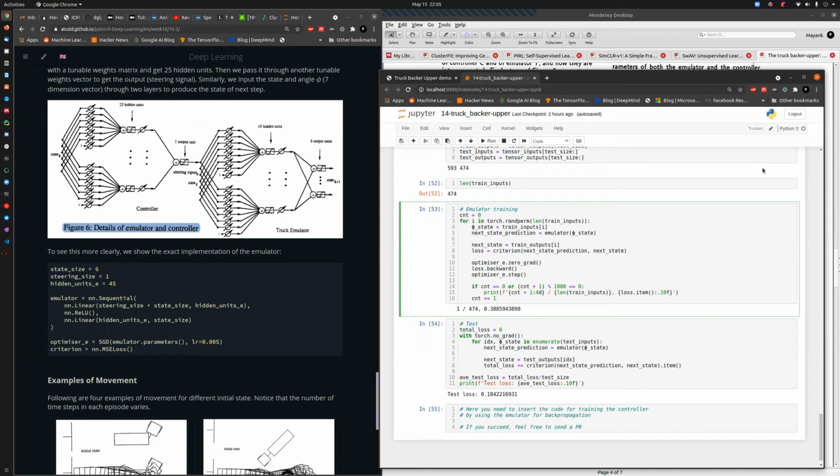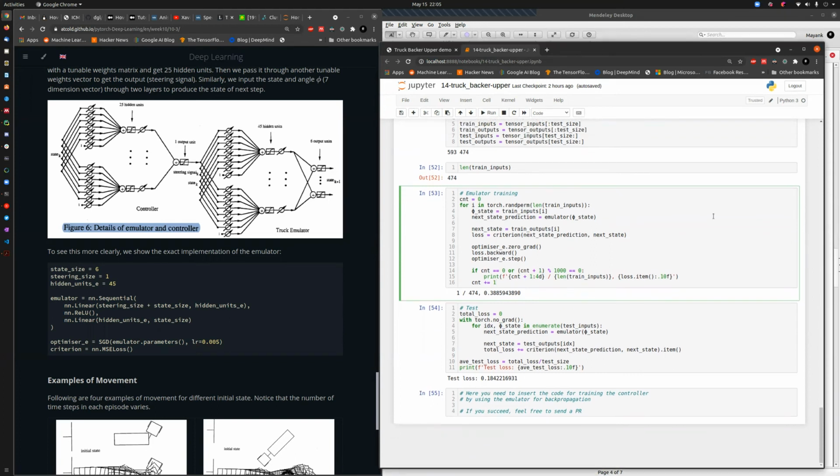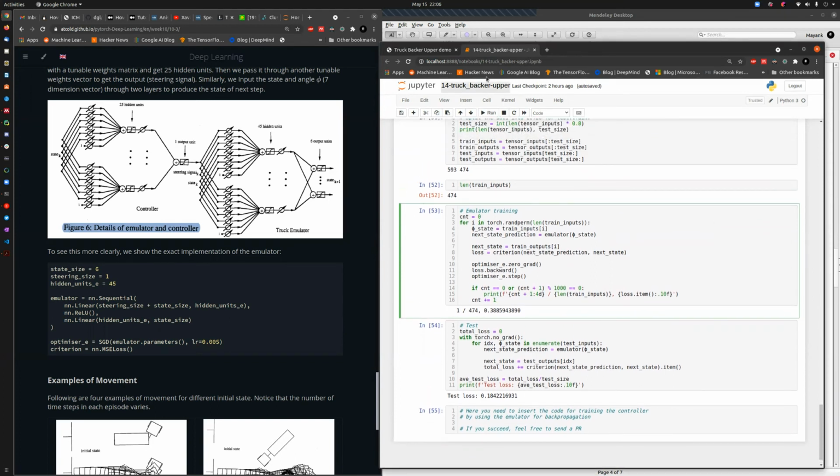It's like, in a transfer setting, we freeze the body and only train the head. But in this case, it seems like we freeze the head, so to speak, which is the emulator, and all we do is back propagate the next state, which is then used to train the controller, or am I missing something?